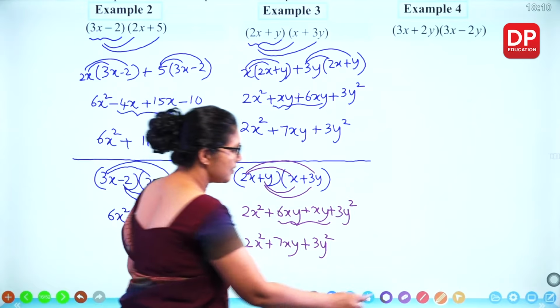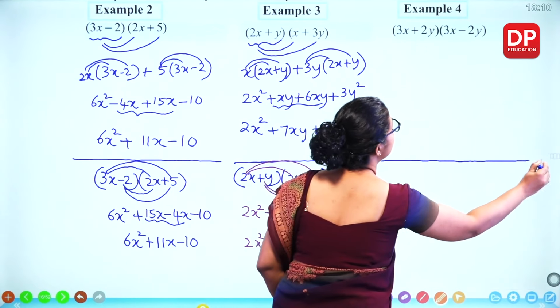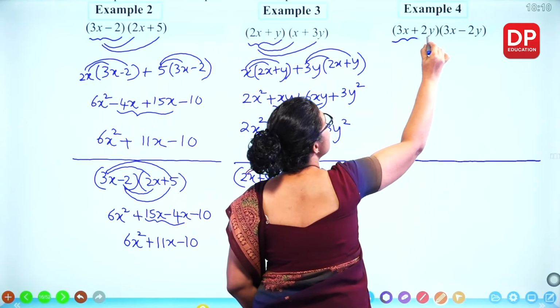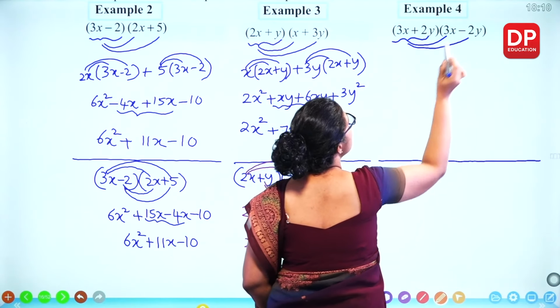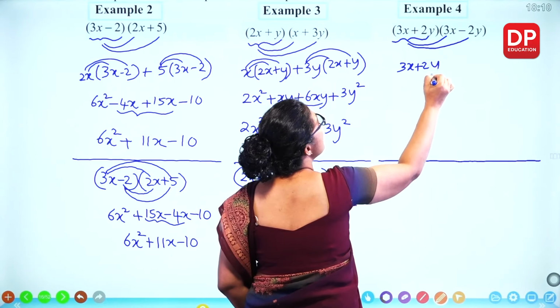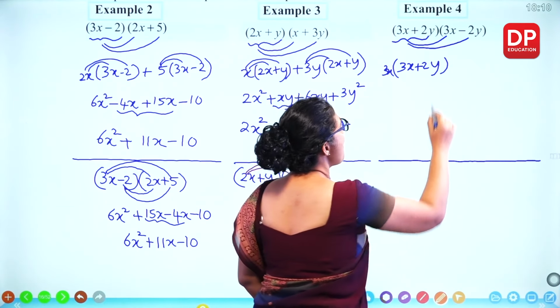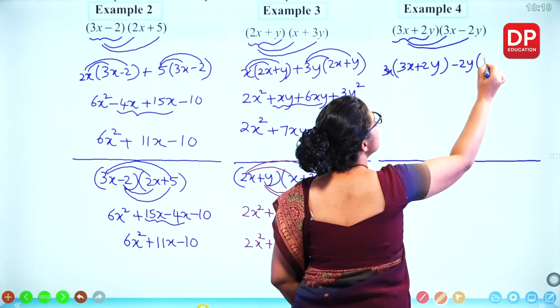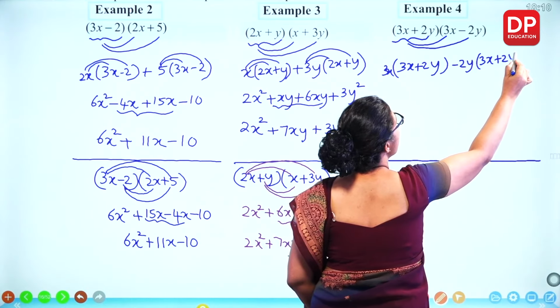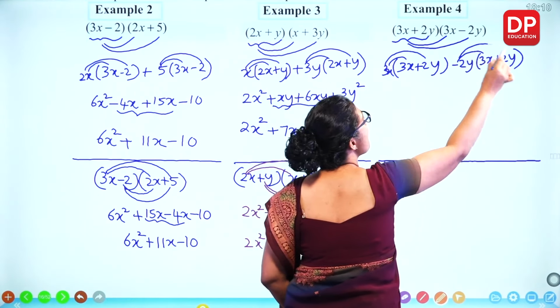Now the third one, we'll use the first method. This whole expression you multiply by these two. So you get 3x plus 2y with 3x. The next one, minus 2y with 3x plus 2y. Now, expand brackets.